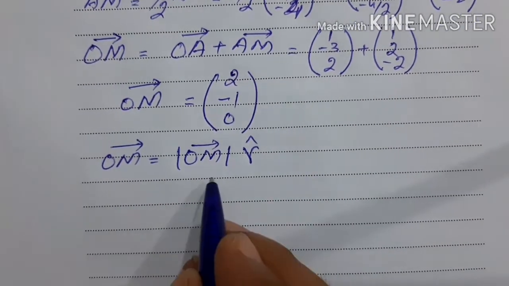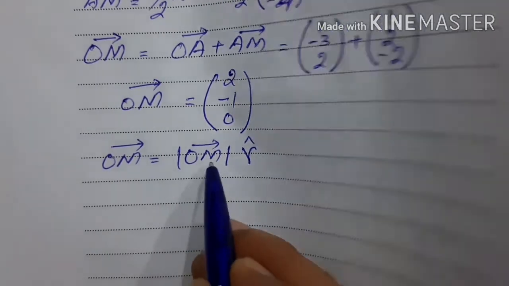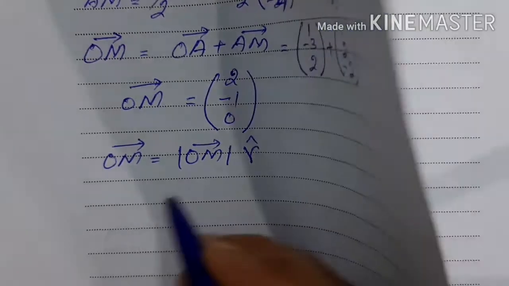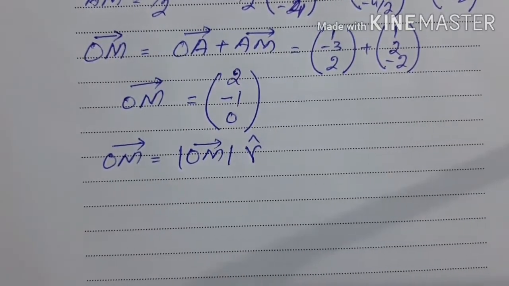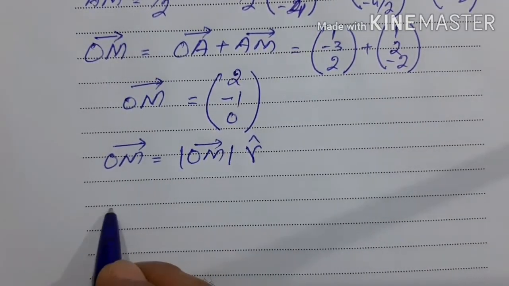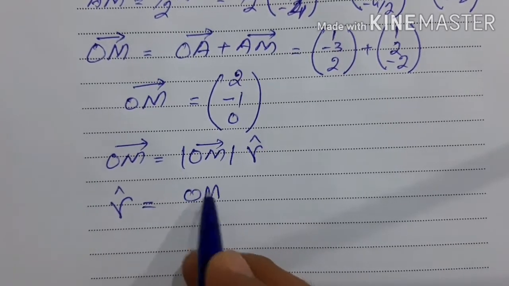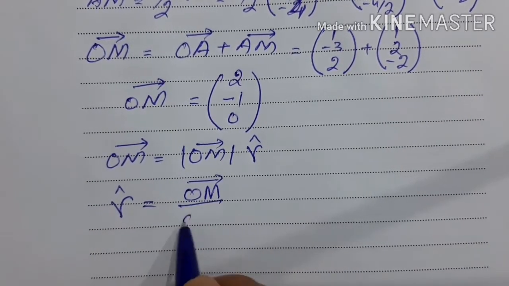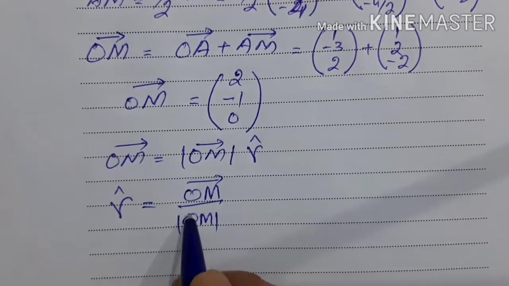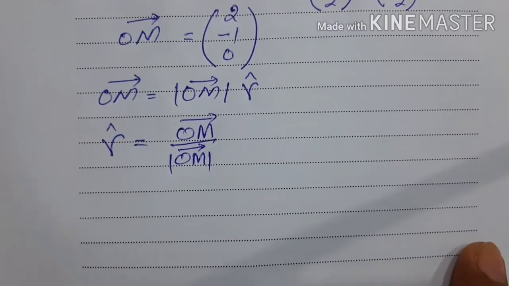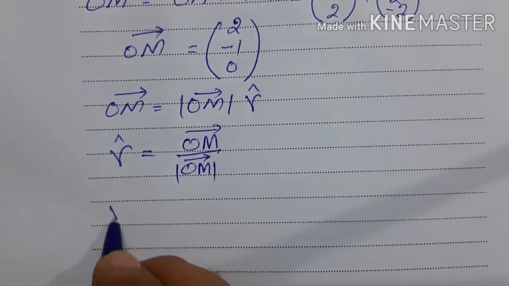So bring the OM magnitude to the left side. Our unit vector is equal to the OM vector over the OM vector's magnitude. So put the values.